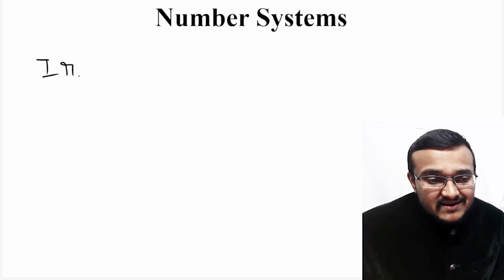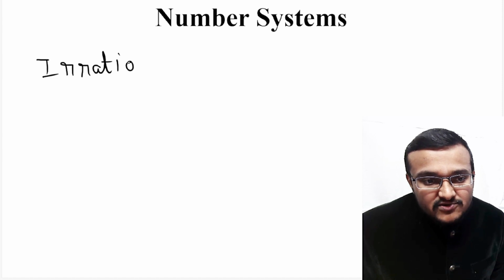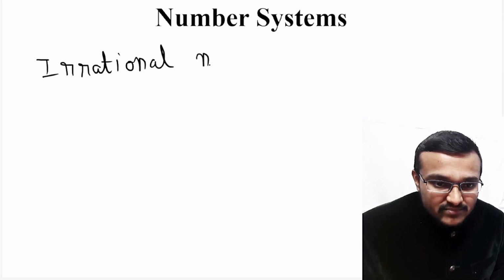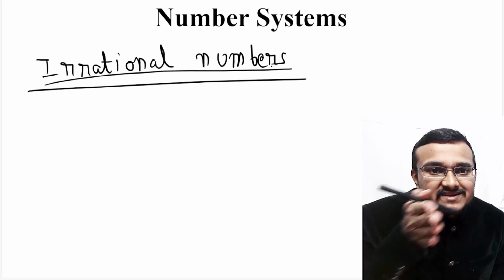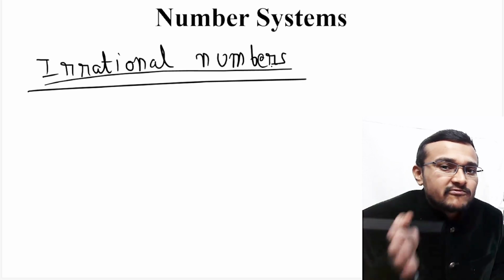Whereas in irrational numbers, there is no recurring set of numbers or there is no finite value.